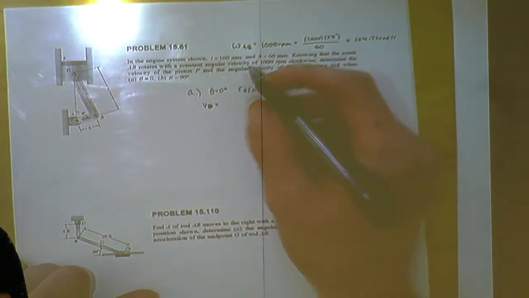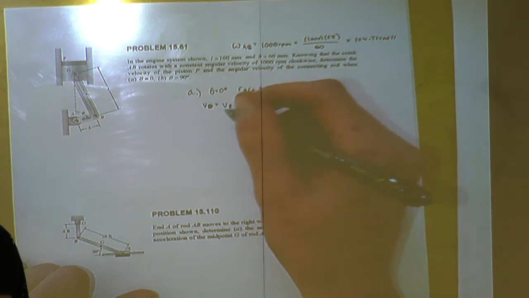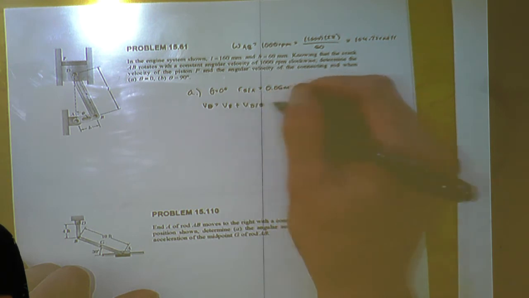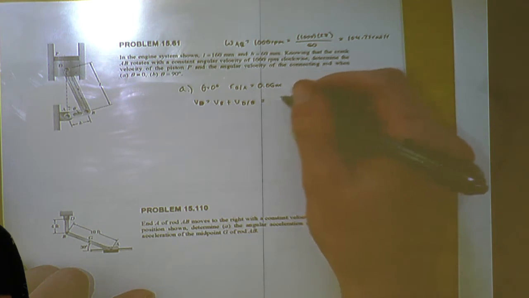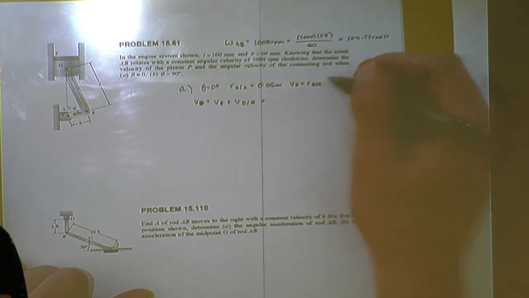So we have the velocity of D, which is basically the piston, is equal to vB plus velocity of D relative to B. Oh, sorry, getting ahead of myself. First we have vB is equal to position vector of B relative to A times the angular velocity.